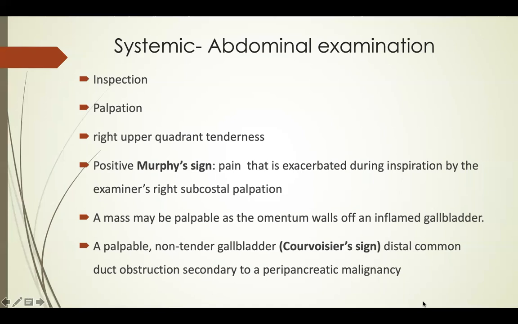It is due to something at the lower end of the biliary channel, most probably some tumor. Because whenever there is a stone, it leads to inflammation, cholecystitis, and then contraction of the gallbladder, so the gallbladder becomes shrunken and smaller. So it is unlikely that the patient has an enlarged gallbladder. Whenever you palpate a gallbladder, think of some tumor at the lower end.